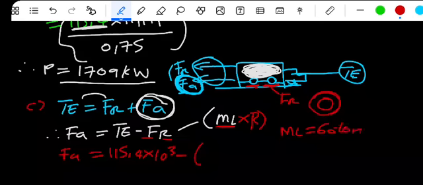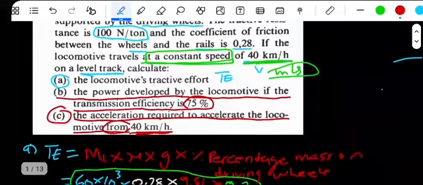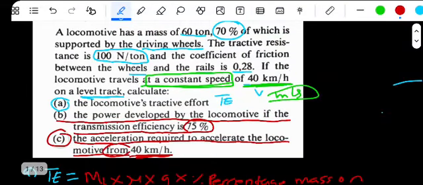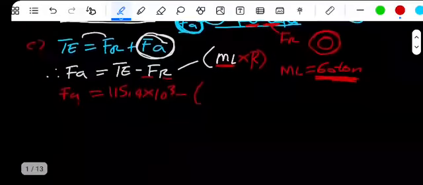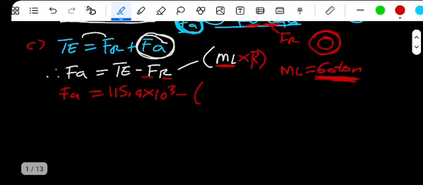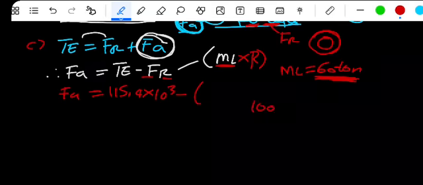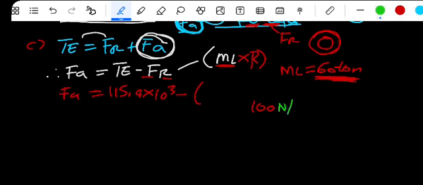Now, why do we multiply by this? Not always are you going to multiply; you must be aware of the units. Check our tractive rolling resistance. It's given as 100 Newton per ton.